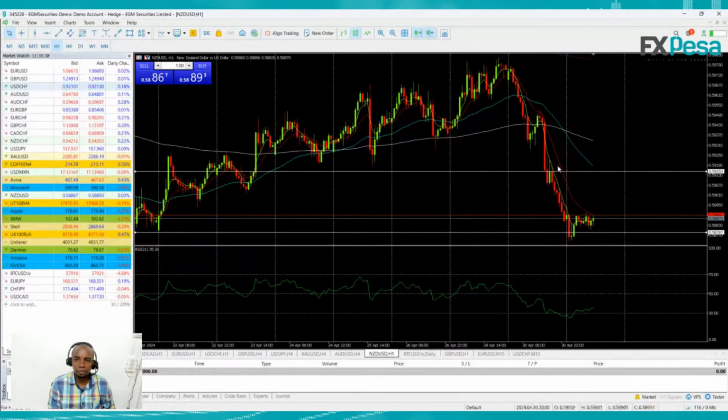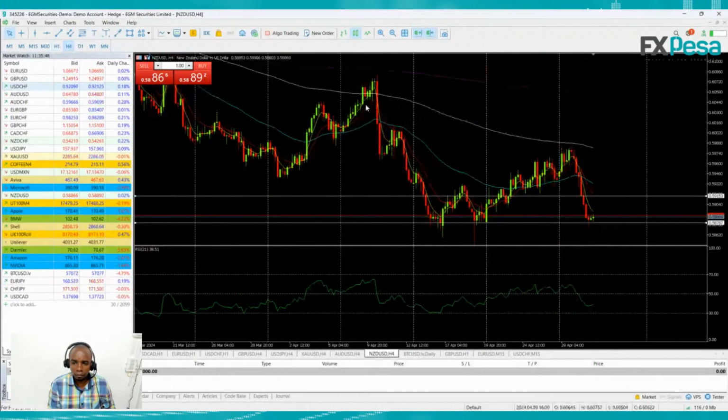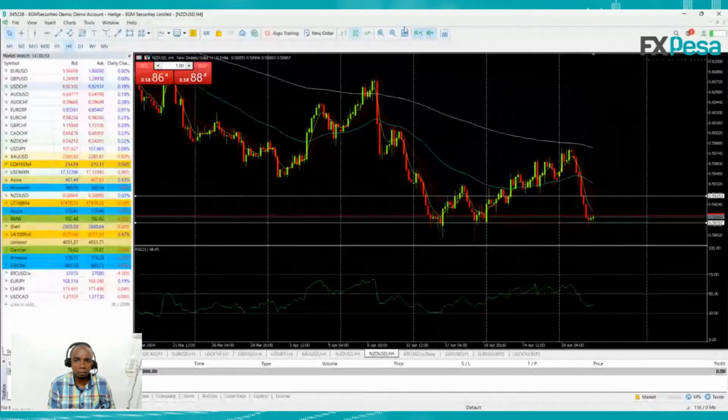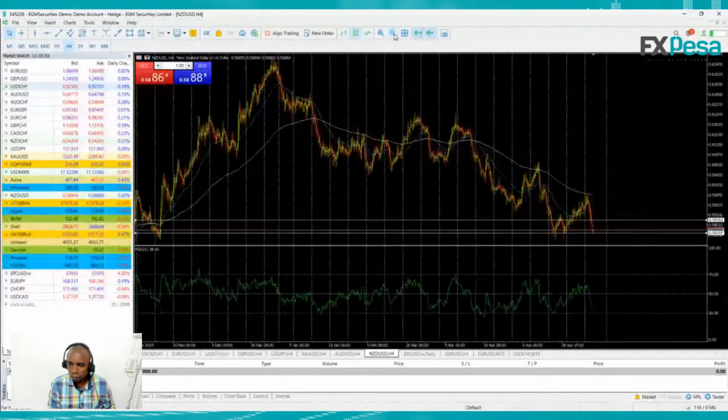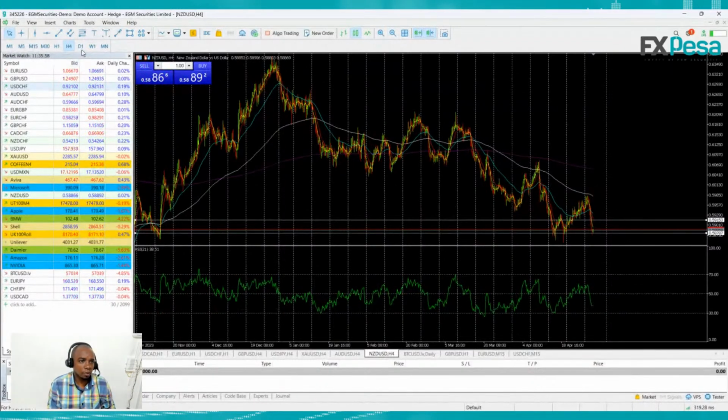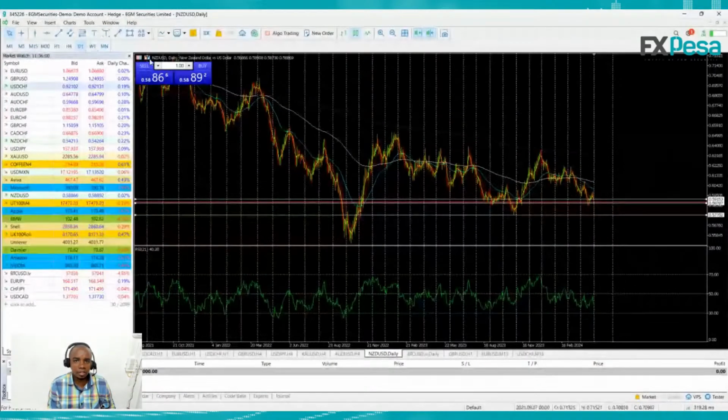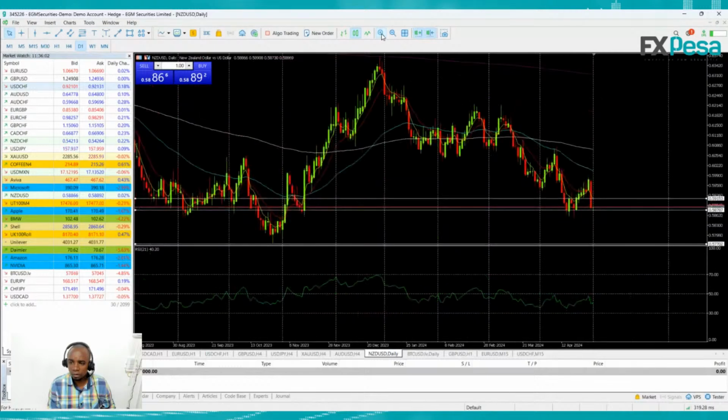Yeah, so if you were to get this push, let's go to H4. Last month's low, we can see also something of interest here. Last month's low is also an area of interest before we get to last year's low.